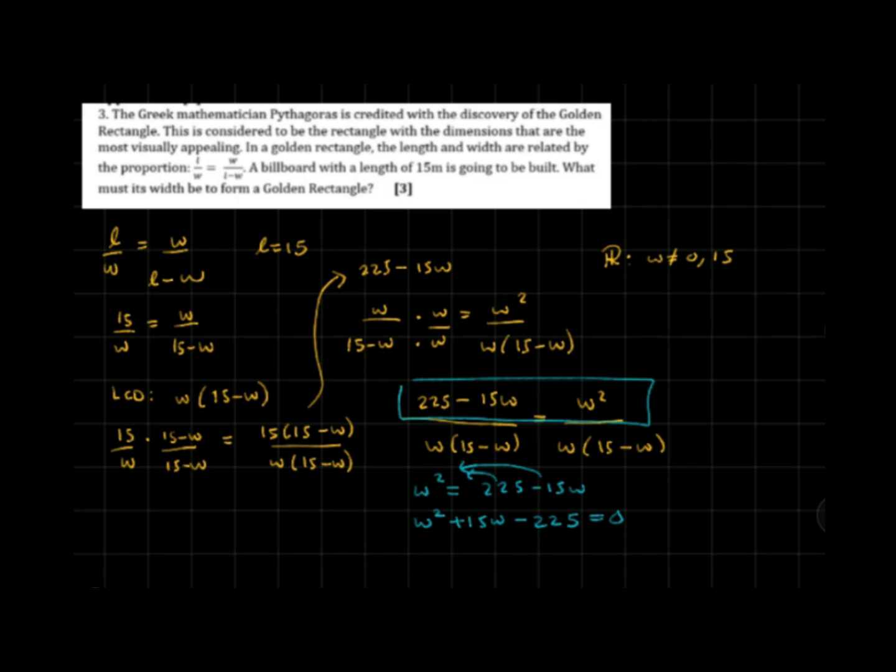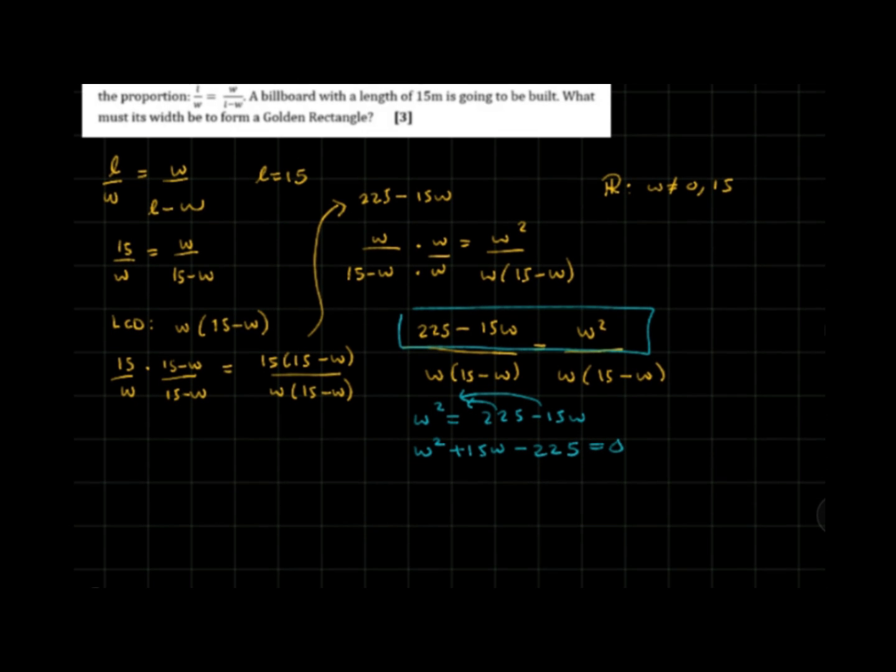Let's think about two integers that will multiply to negative 225 and add up to 15. You can also use the quadratic formula for this. We can test that it's solvable by the discriminant, b squared minus 4ac. If we do this, we get 15 squared minus 4 times 1 times negative 225, which is definitely greater than 0.